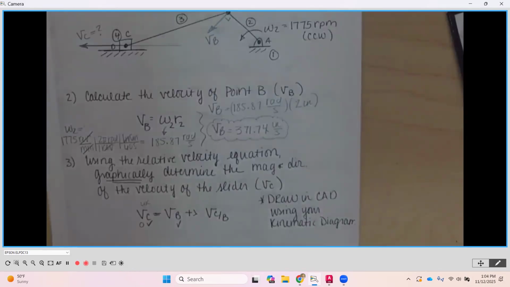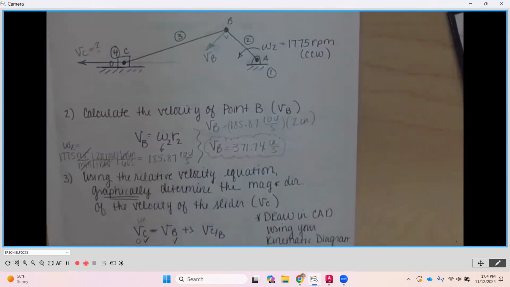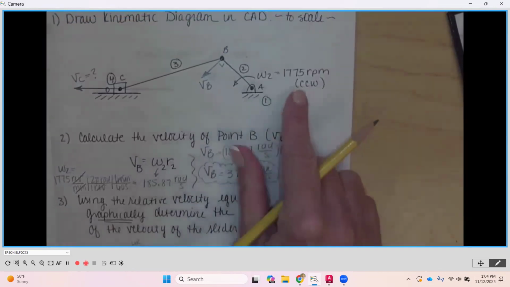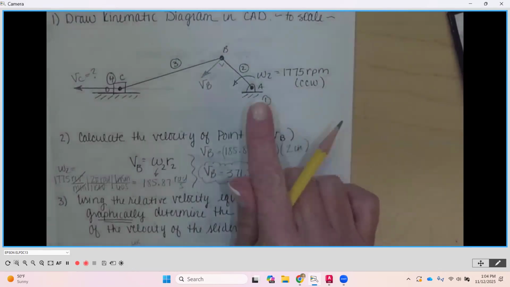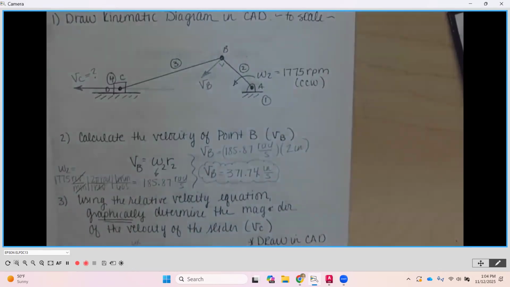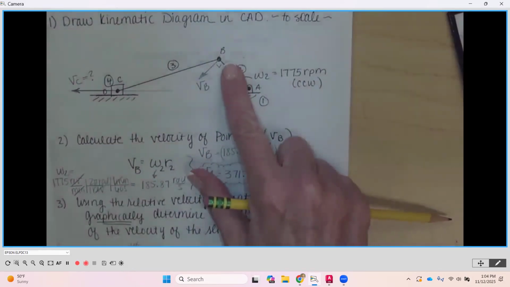Okay. So again, link number 2 is our input. We know that it is going to be inputting a motion of an angular velocity of 1775 RPMs going counterclockwise, of which B is on the end of, okay?